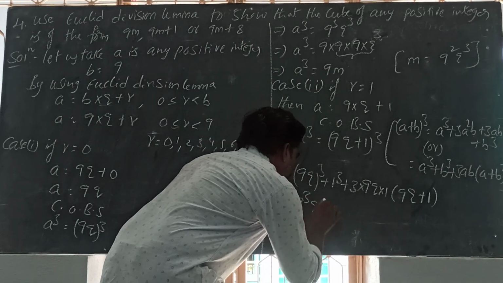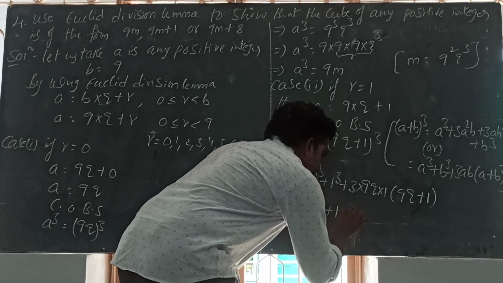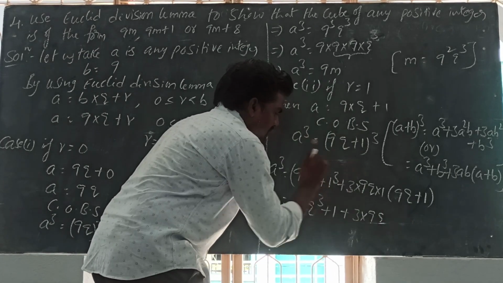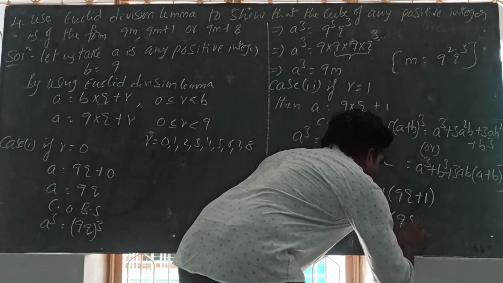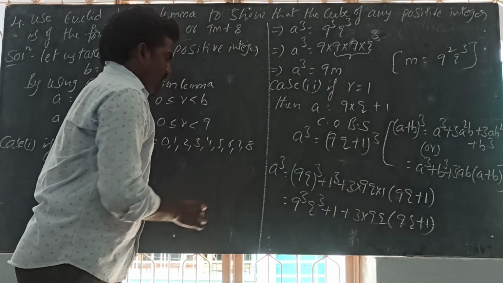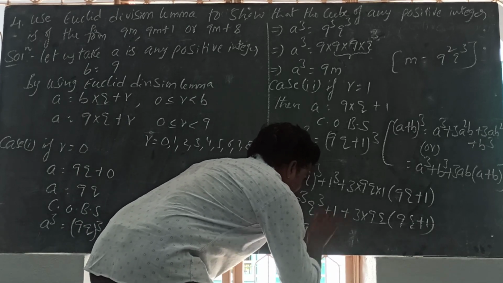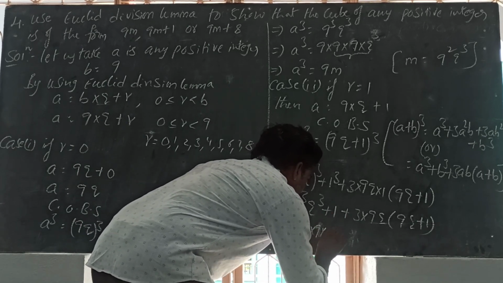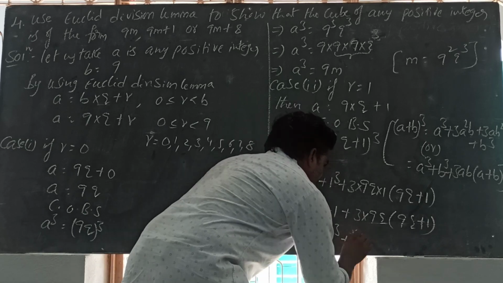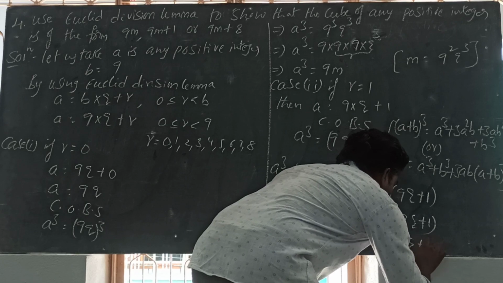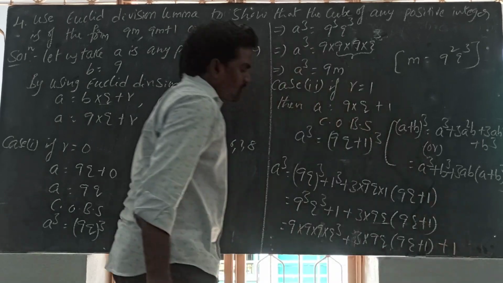So 9 cube into q cube plus 1 plus 3 into 9q. 1 multiplied with anything gives the same, so 9q plus 1. Here 9 cube means 9 into 9 into 9 into q cube plus 3 into 9q of (9q plus 1) plus 1.